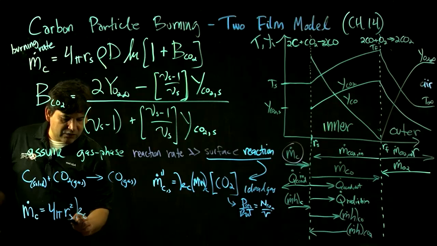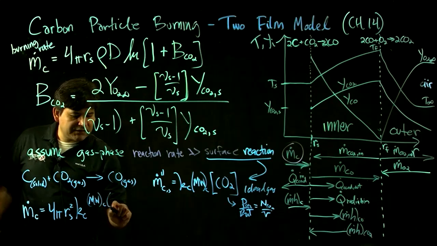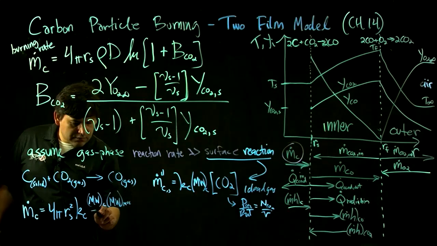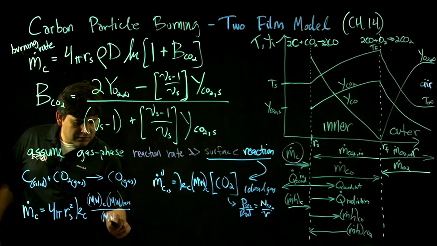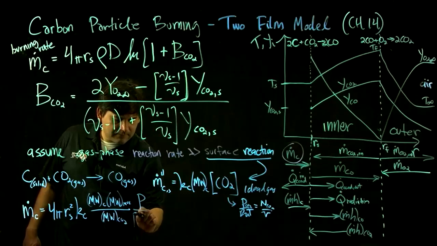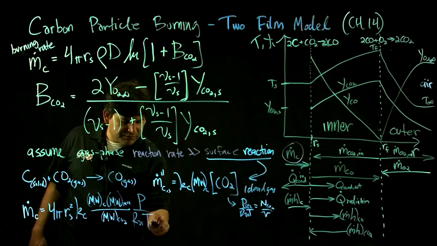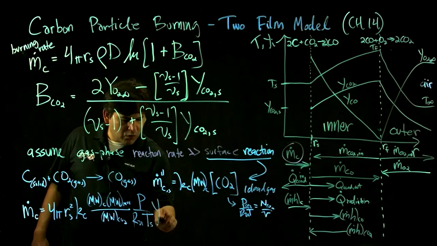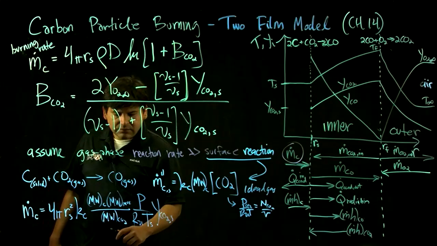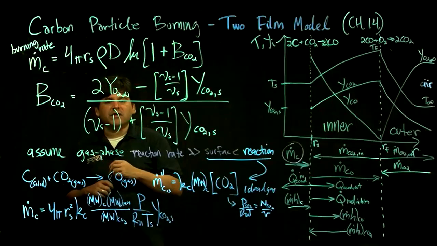We have this kinetic rate coefficient here, and then balancing all these molar masses. Here it's the surface temperature and the mass fraction of CO2 at the surface. All right, so that gives us another equation.